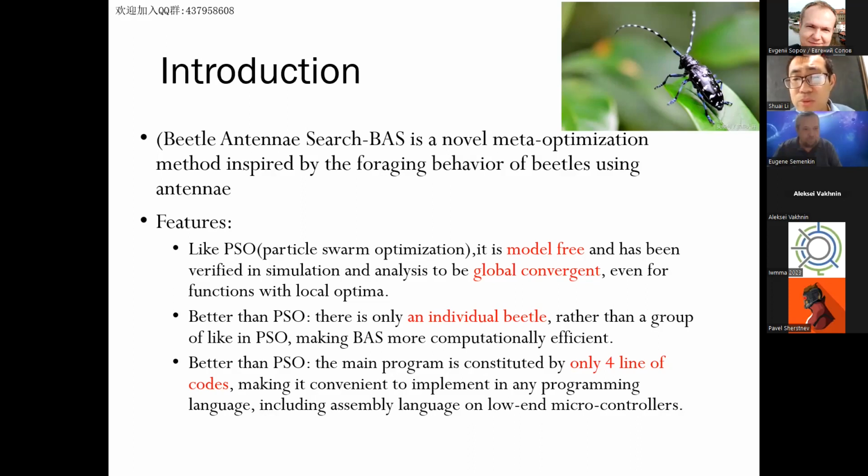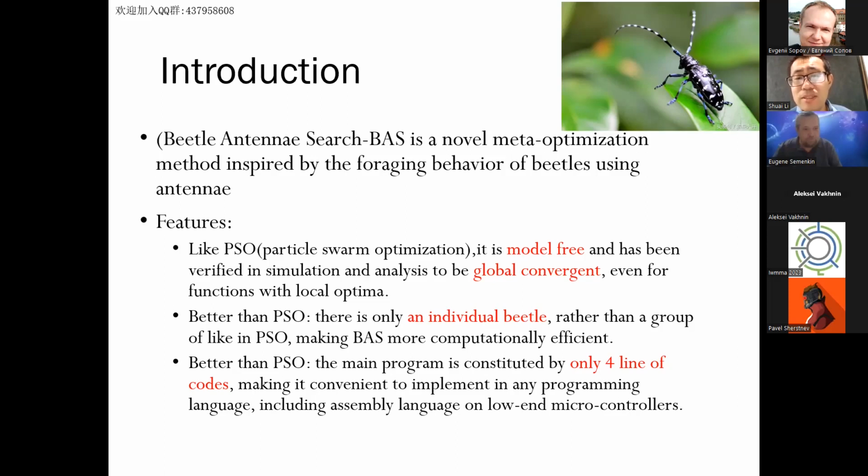Because it only requires a single beetle, the computational burden is much lower than PSO. And as you can see later, there are a total of 4 lines of code for the beetle antenna search to summarize the behaviors of the beetle.